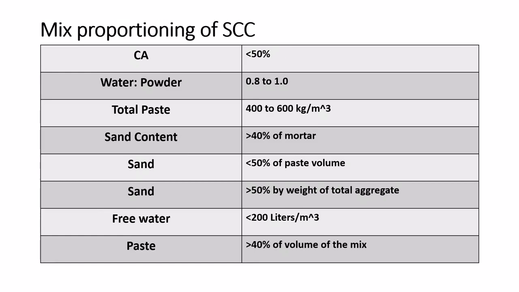Sand content greater than 40% of mortar and less than 50% of paste volume, and greater than 50% by weight of total aggregate. Free water less than 200 liters per cubic meter. Paste is greater than 40% of the volume of the mix.